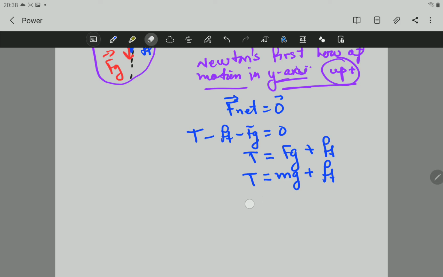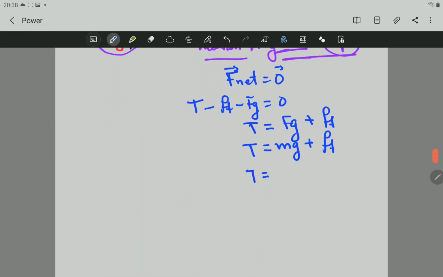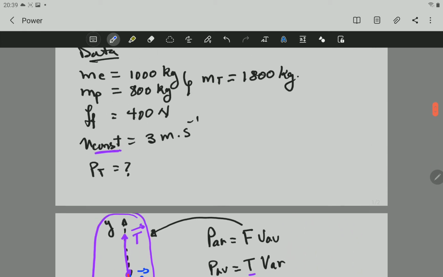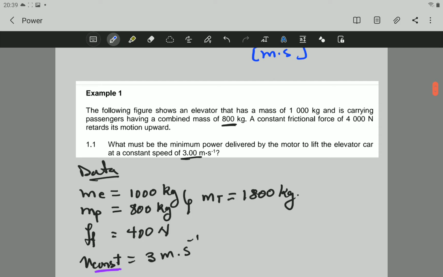Now we can substitute all the numbers. I like to substitute the numbers before we go on. All right, so tension is equal to the total mass of the elevator with the passengers, 1,800, multiplied by 9.8, plus the frictional force, which is 400 or 4,000.